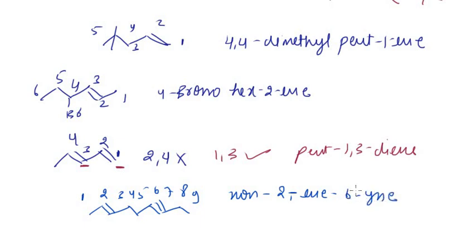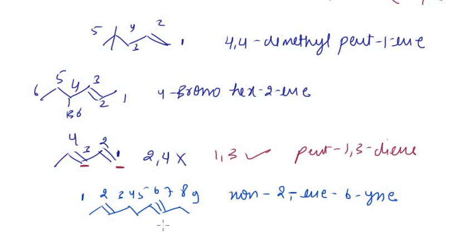Because it is not a substituent, it is a suffix. The primary suffix is ene or yne, and the secondary suffix will be the functional group. So here non-2-en-6-yne.